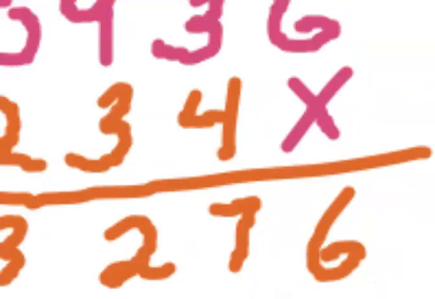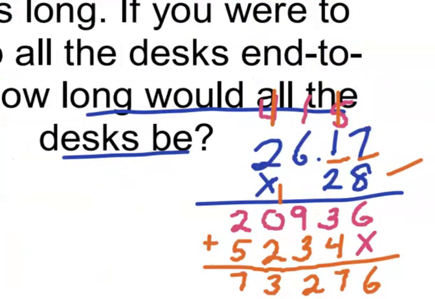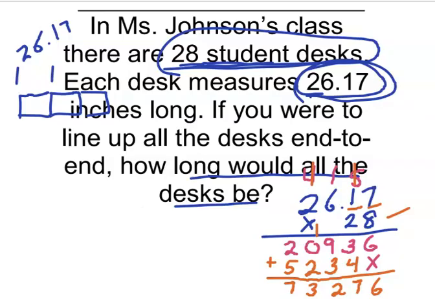Okay, so let me just get the pen here, sorry. So 1, 2. So the answer looks like it's going to be 732.76 inches long. So that's how far it's going to be from one side to the next.